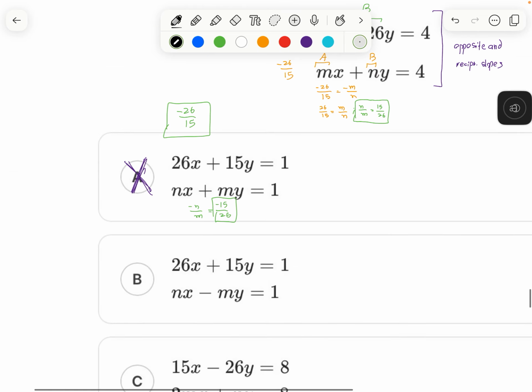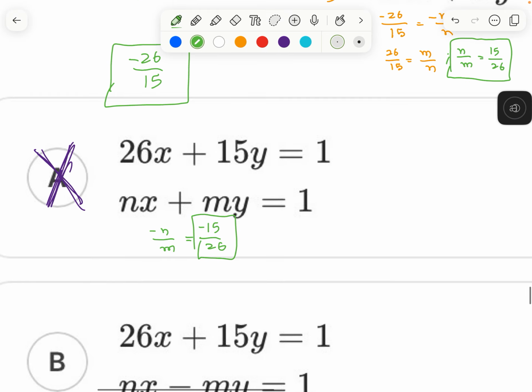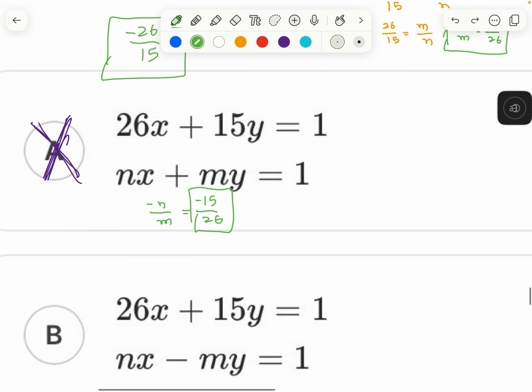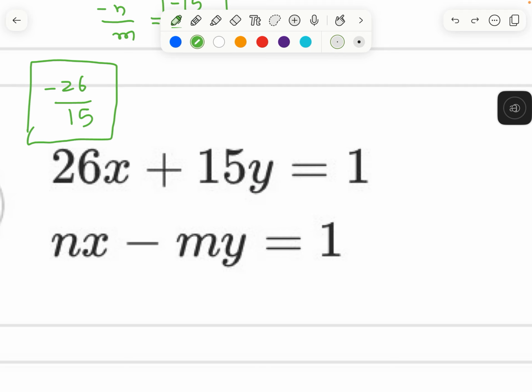26 over 15, same thing. The slope is negative 26 over 15. And you can use previous answer choice calculations to help you get them faster for testing future ones. So negative 26 over 15. All right, what's the slope here for the second one? Well, if n is A, and if negative m is B, then it's going to be negative n, or negative A over B. Well, that's just equal to n over m.